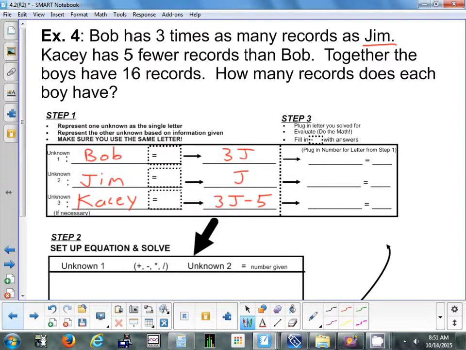Now let's read the second to last sentence. Together, the boys have a total of 16 records. So what does that mean? If you take Bob's, Jim's, Casey's, what are you going to do with all of them together? You're going to add them all up. Okay?